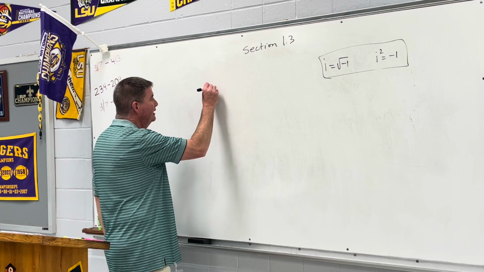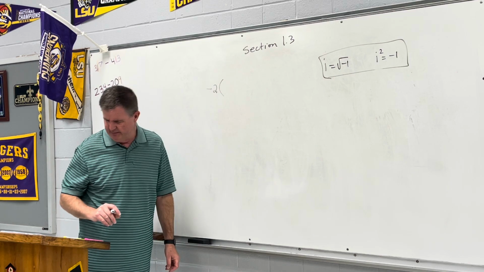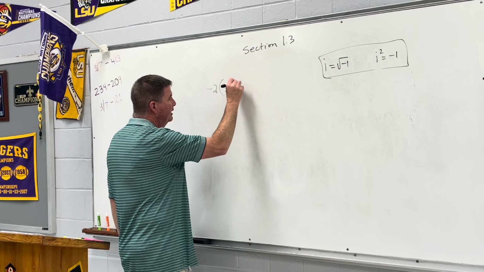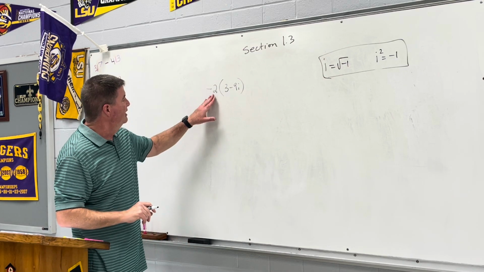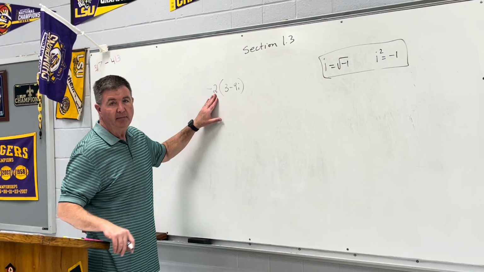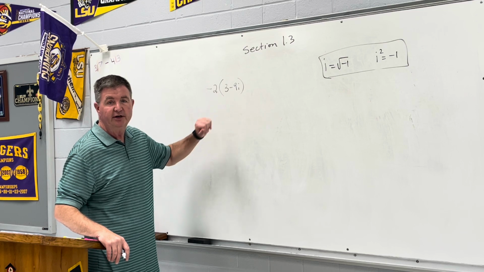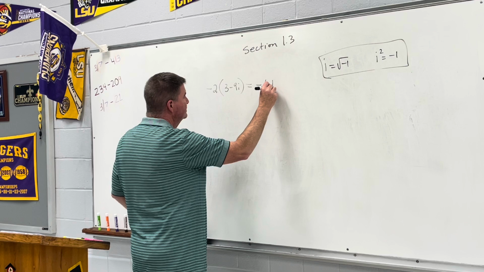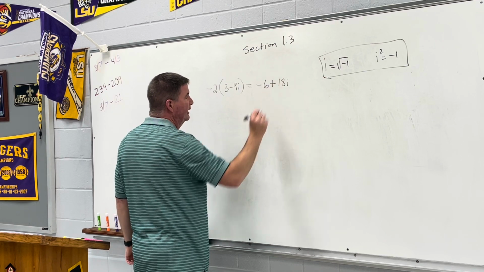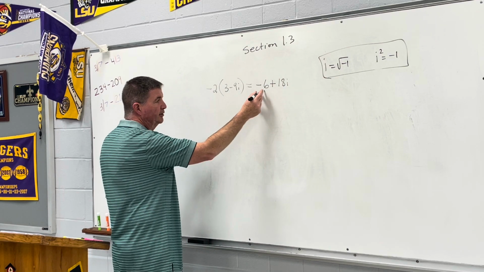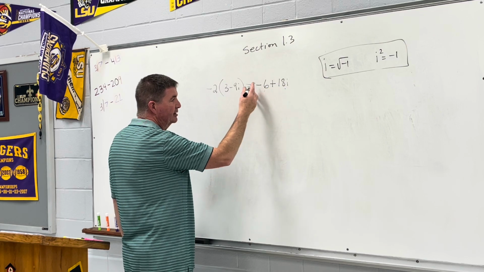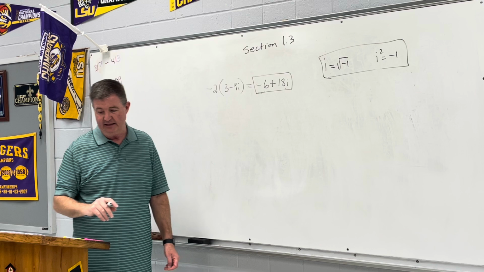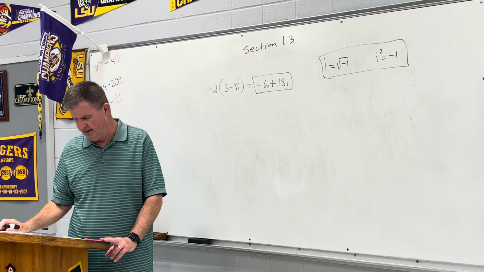We've got negative 2 times 3 minus 9i. Here we have a monomial times a binomial, so we're going to distribute. In distributing, that gives me negative 6 plus 18i. The real part comes first, the imaginary part comes second. There's nothing left to do, so that's it. That is the complex number by multiplying.